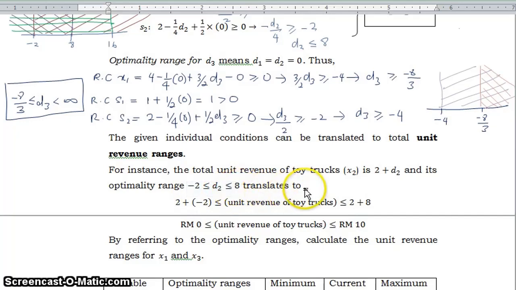Translates to, unit revenue of toy truck must be between 2 minus 2 and 2 plus 8. Therefore, we get the unit revenue for X2, which is toy truck, is between 0 ringgit and 10 ringgit.